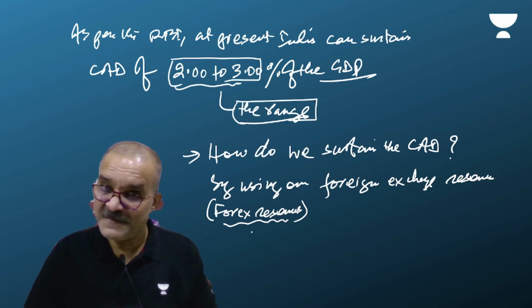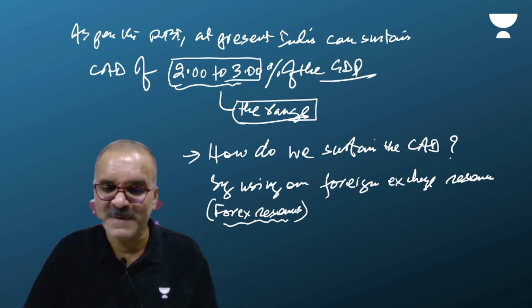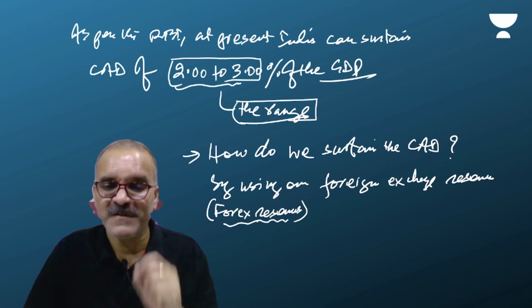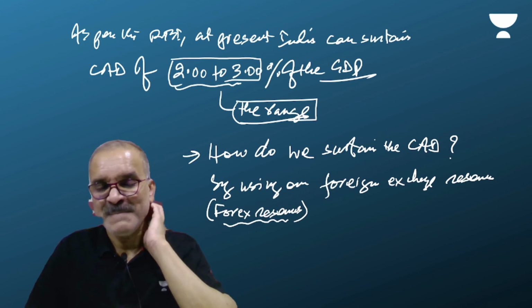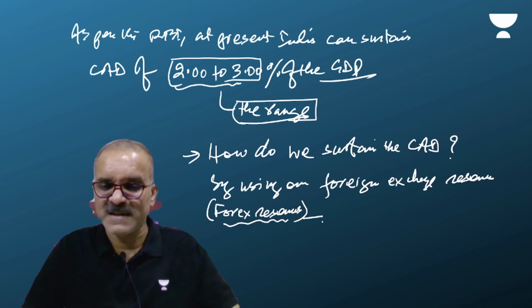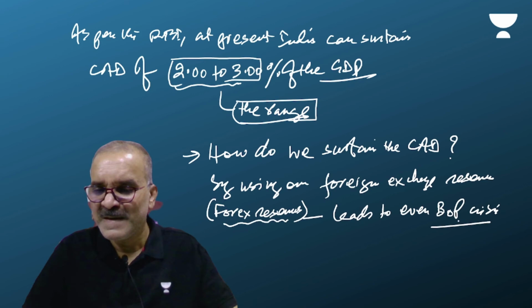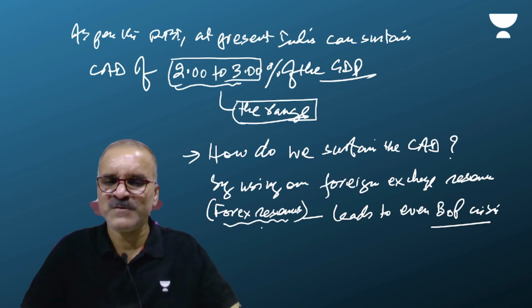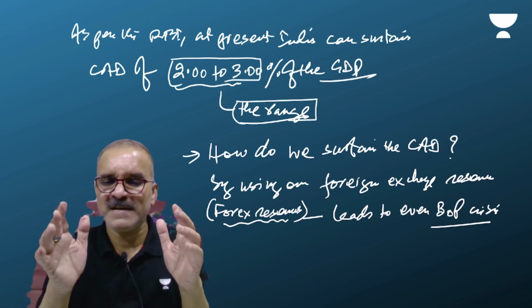If your current account deficit crosses this upper limit of 3%, naturally we will face economic and financial crisis, because an unsustainable current account deficit leads even to a BOP crisis.